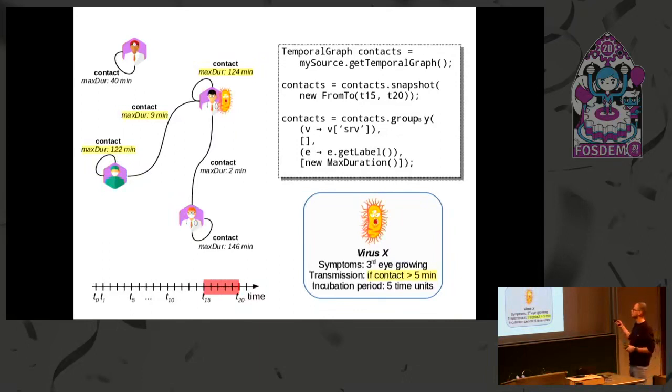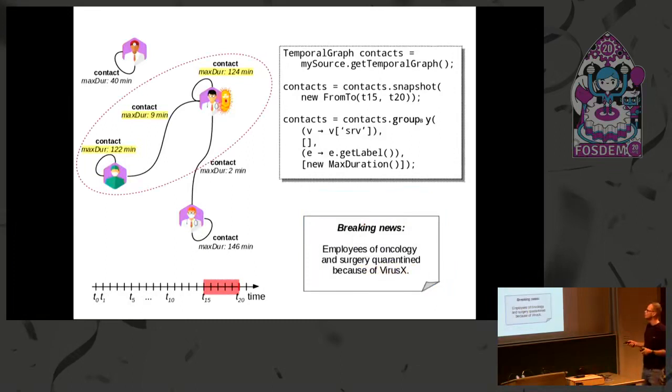Then we can extend this workflow, for example, by filtering for connections over 5 minutes. And we know the employees of the oncology and surgery have to be put under quarantine to prevent the spreading of our virus.